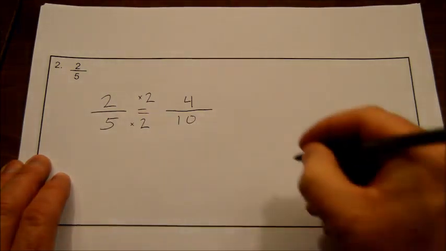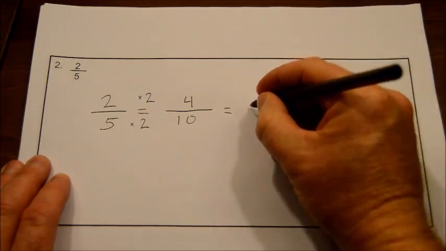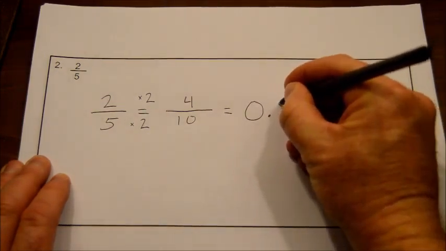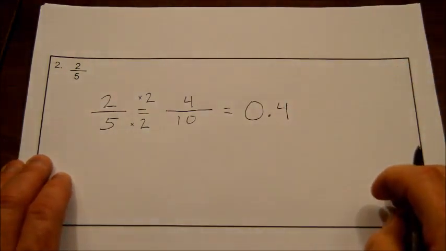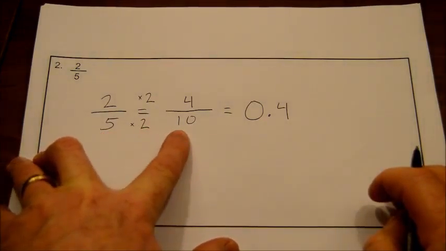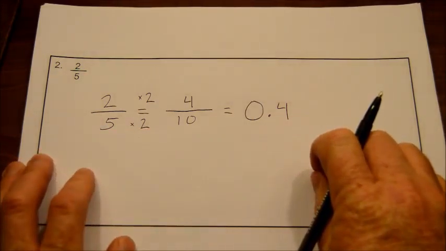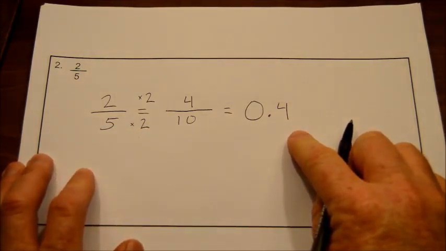Now, that's extremely easy to convert to a decimal, because that is 0.4. So if you can convert the denominator to something easy to convert to a decimal, then do that. So 2/5 is equivalent to 4/10.